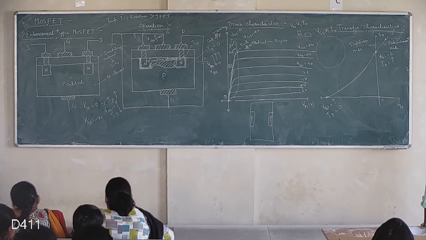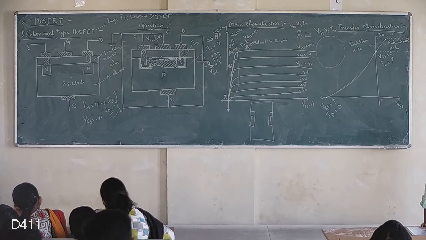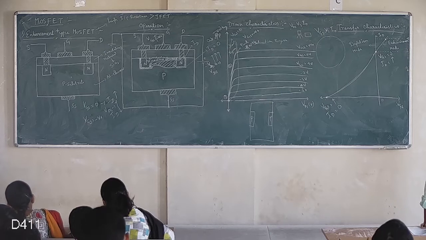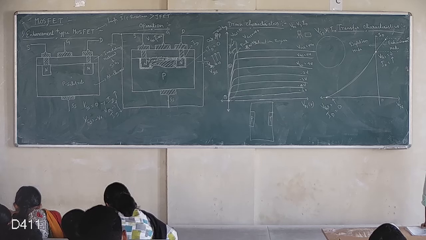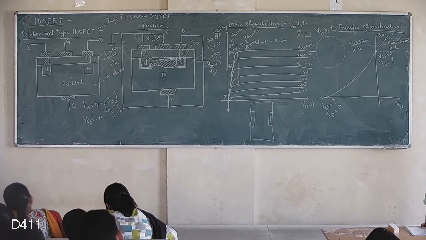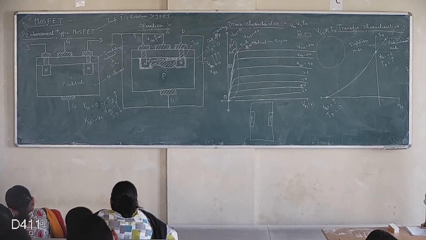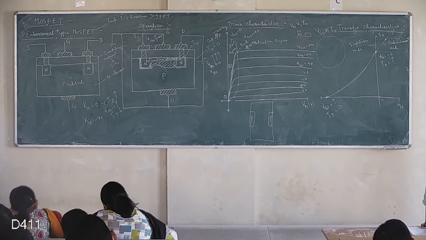As VDS increases, the voltage drop along the channel also increases.